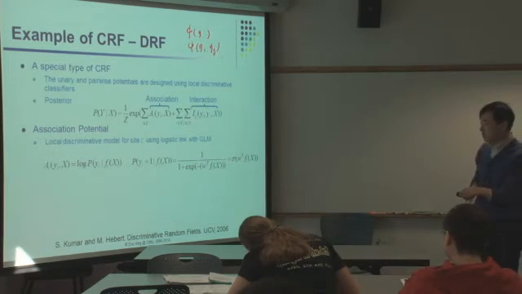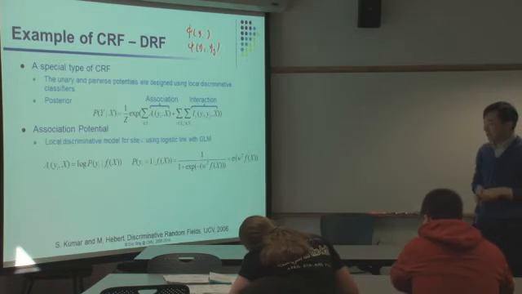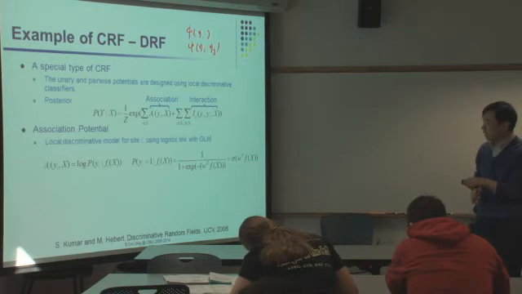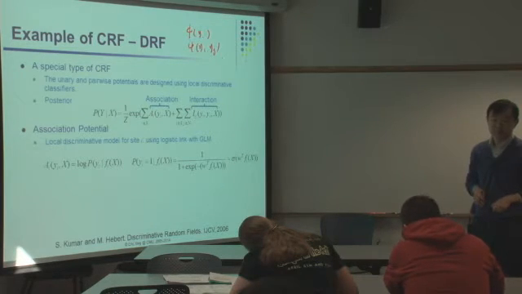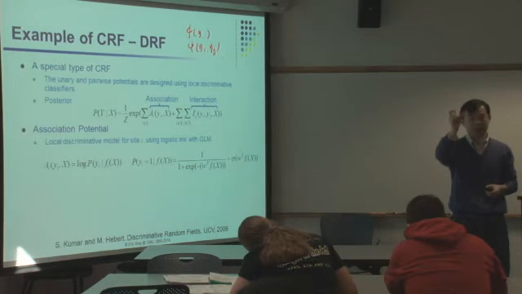For example, in this one, this is the singleton feature, which tells you the association of the label with the feature. They define that feature to be itself a logistic regression. And it's reasonable. Basically, it is a classification problem of whether this pixel is background or foreground or object 1 or object 2, right?